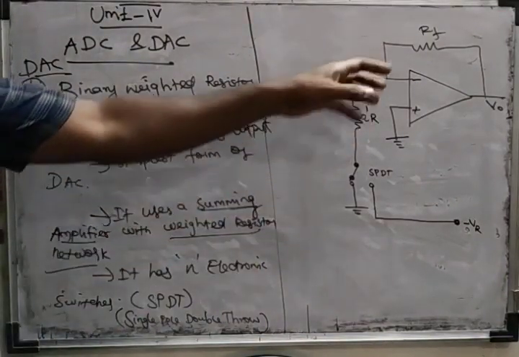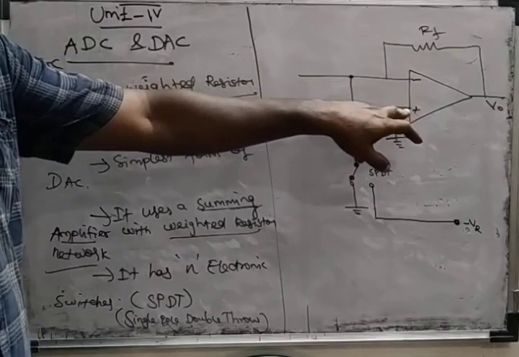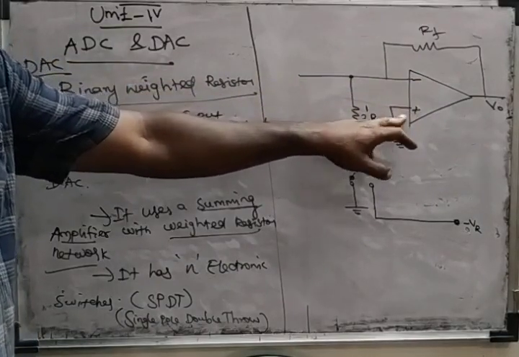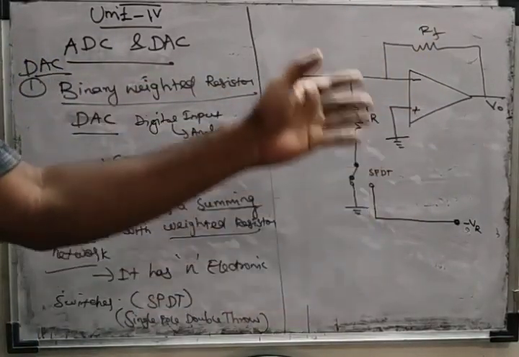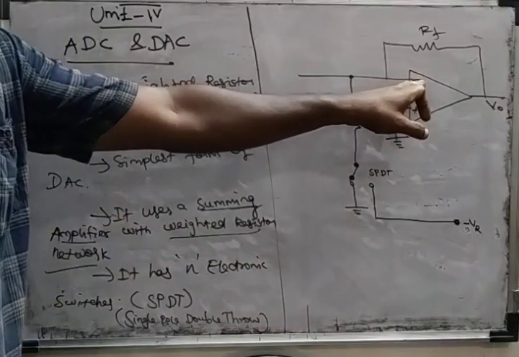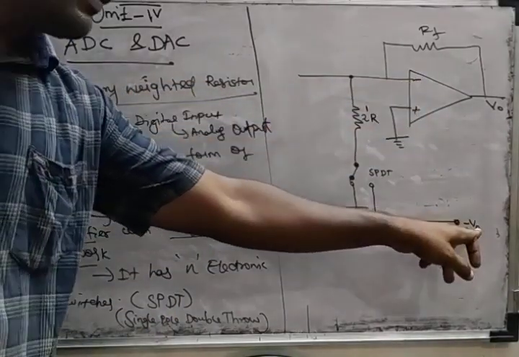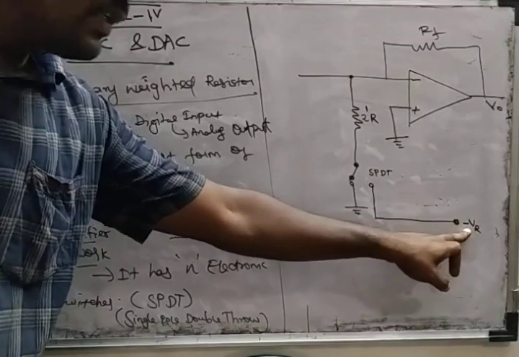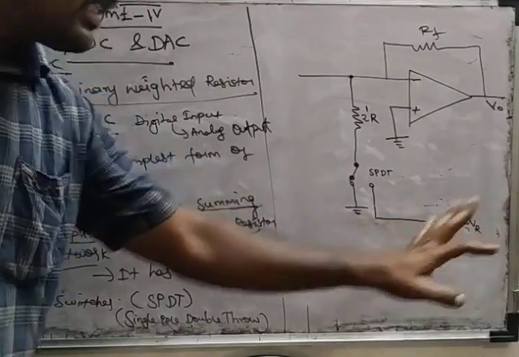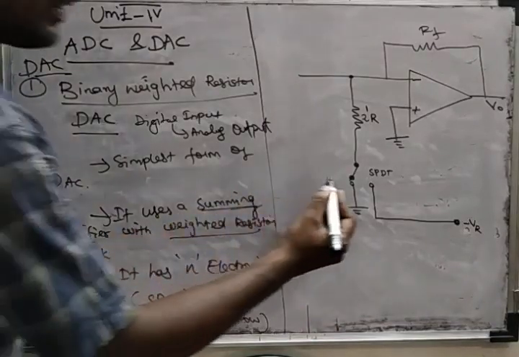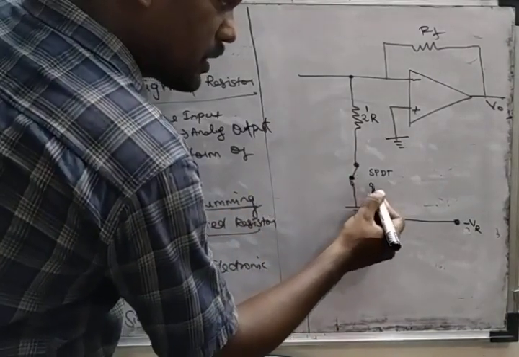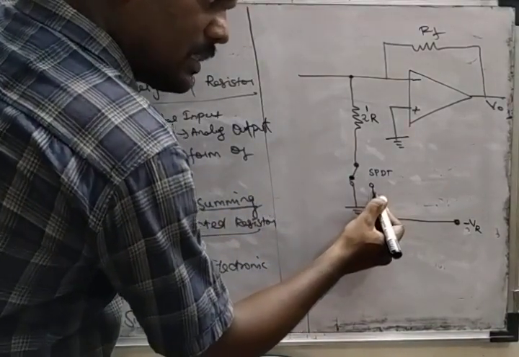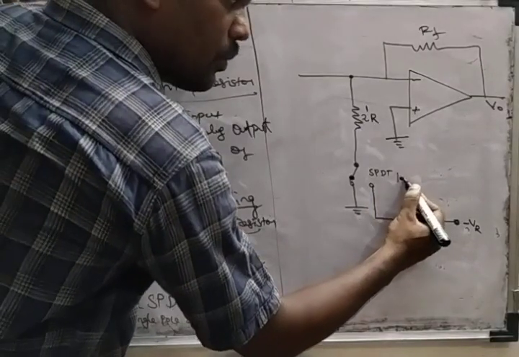We can also configure this as an inverting or non-inverting summing amplifier. Here we are constructing an inverting summing amplifier, so we have to give the reference signal as negative, so we are applying minus VR. If this SPDT switch is in the minus VR position, it corresponds to logic 1.